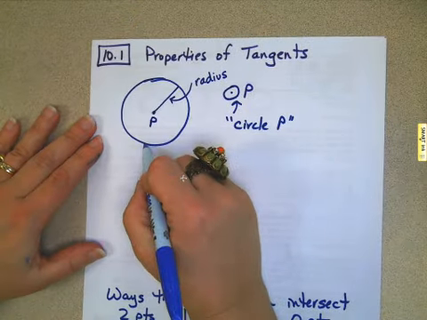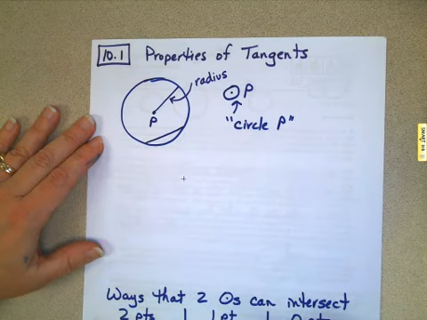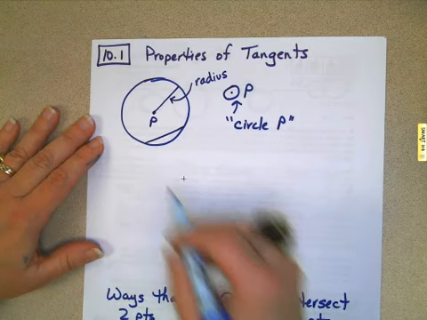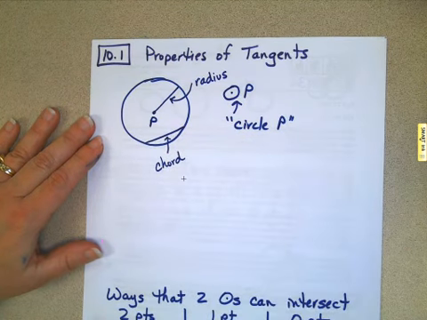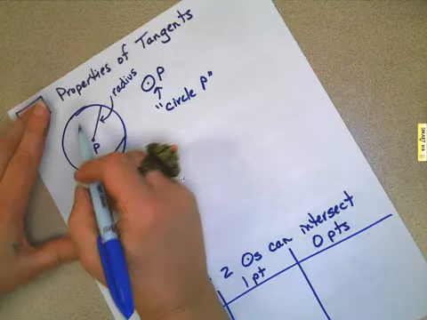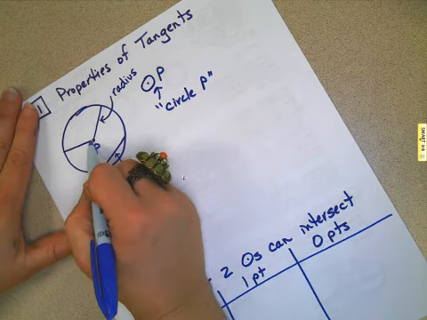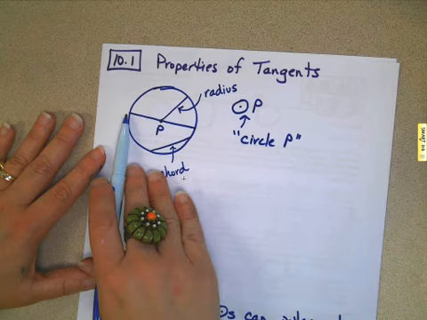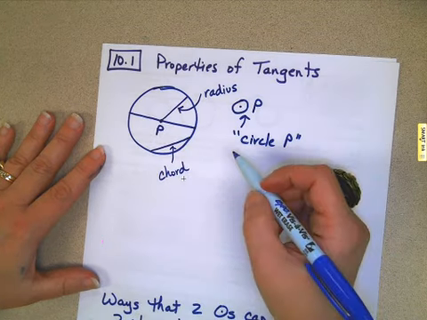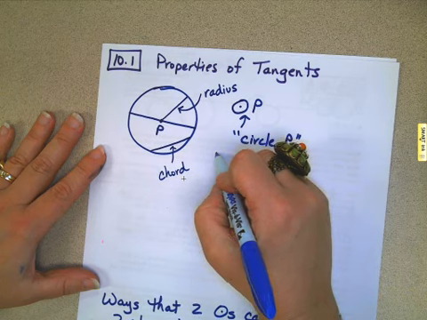A chord is a segment that connects any 2 points on the circle. Now, a diameter is a chord, but it specifically includes the center, so it goes through the center. Still, it's a segment that connects 2 points on the circle, but it goes through the center. So that's a diameter.